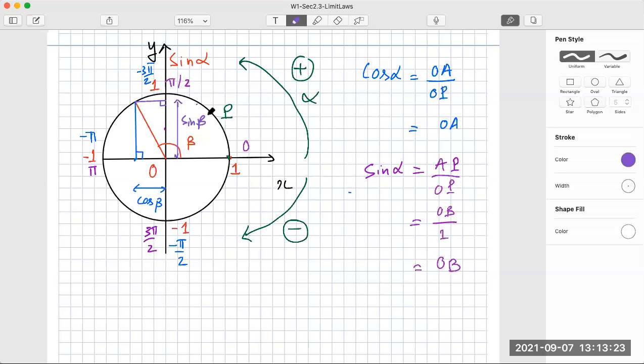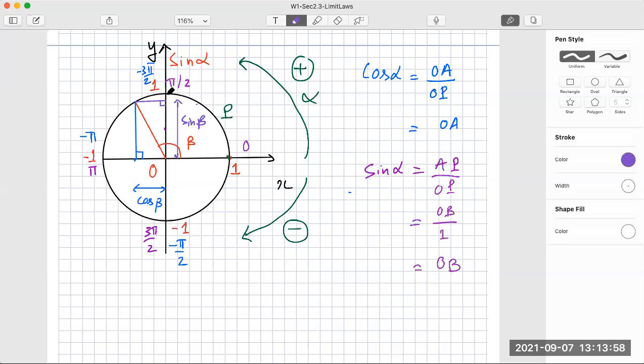Is there any question up to this point? Okay, good question. For any quarter here, we define that 180 degrees will be pi, and here is half of the circle, one quarter. So the distance from this point to this will be pi over 2.